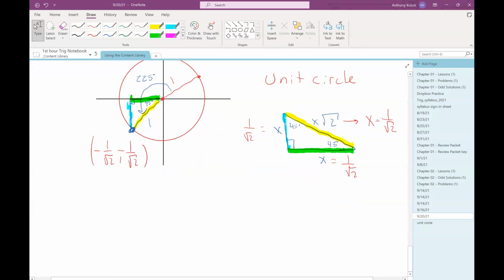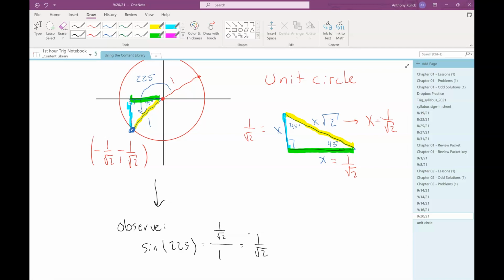So there's one other big takeaway from the unit circle. If I say I wanted to do sine of this 225 degrees over here, if I do opposite over hypotenuse, I get that, right?